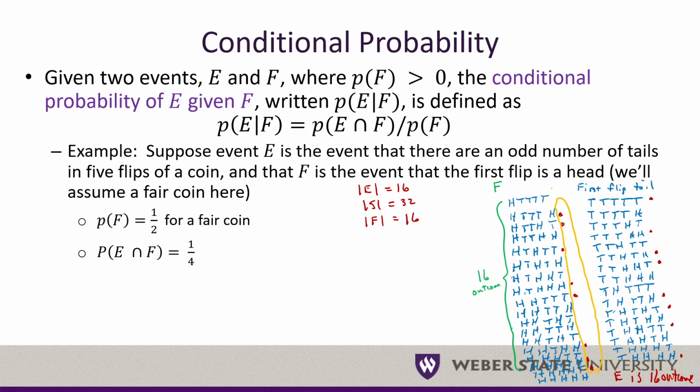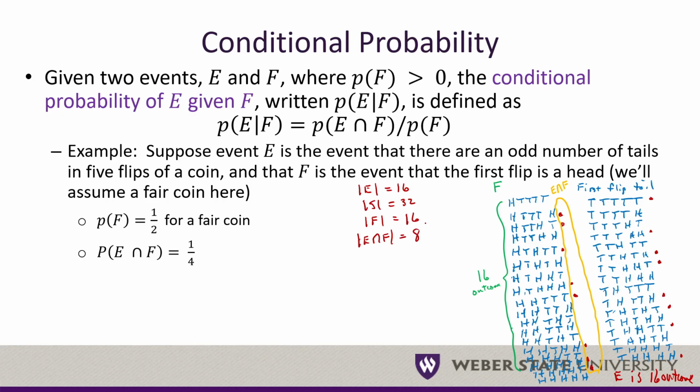This is E intersect F. And the probability of that, we've got 8 of them overall. So the cardinality of E intersect F is equal to 8.